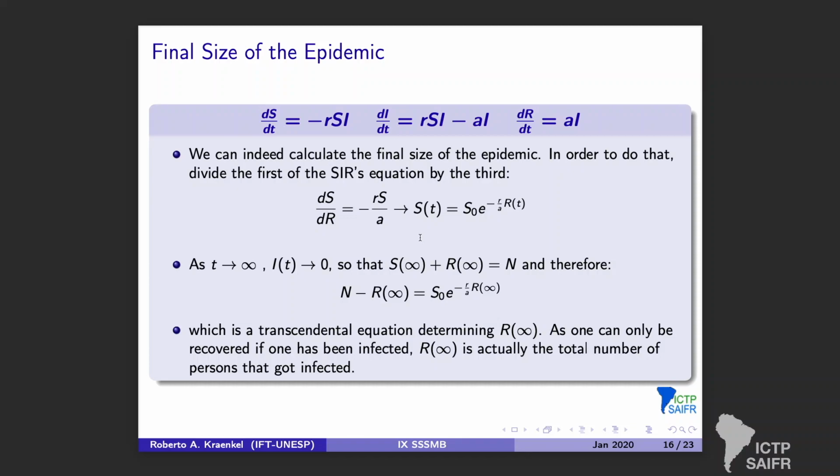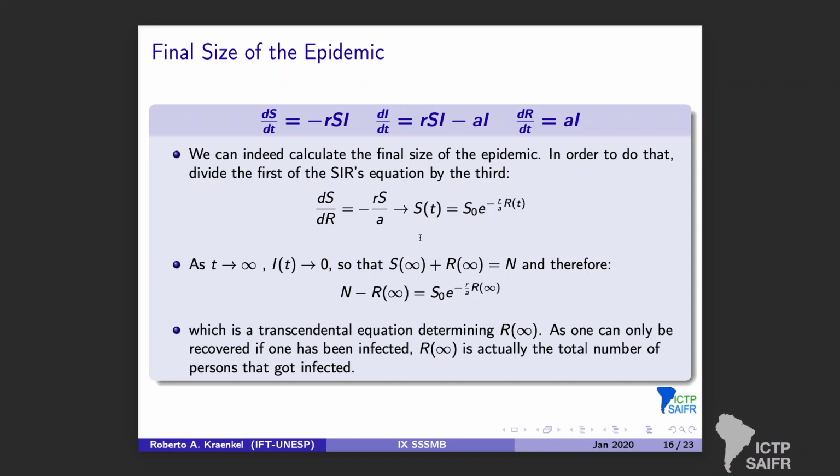So you have the final size of the epidemic, which means that even if you are decreasing the number of new infected persons, you're still accumulating diseases, and you have a high number of people that will get infected at the end.